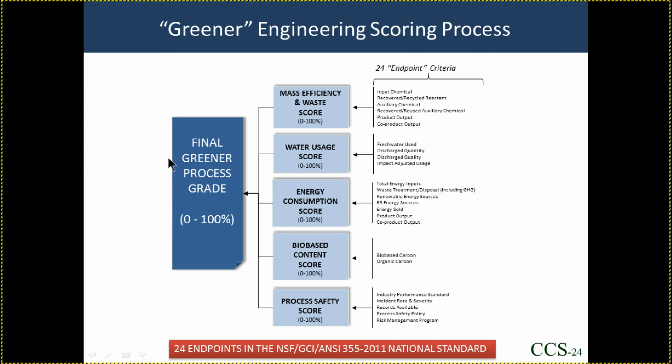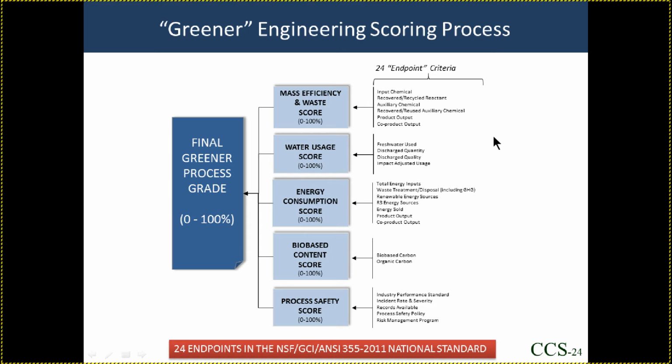The next chart shows the engineering or process tool that we had with the 24 endpoint criteria. That data does not exist in our file. In the previous modules, all of the data existed in our databases.